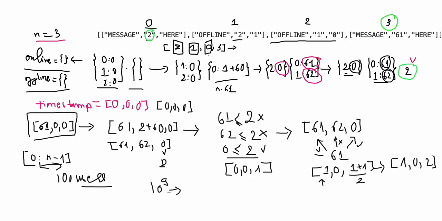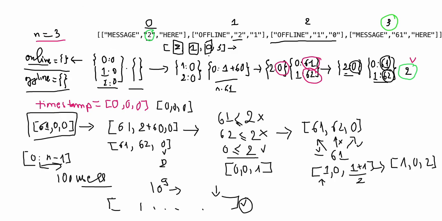So it means that it cannot be represented by an array sequence like this, and we cannot allocate an array with the length of 10 to the power 9. So in that case, the online set approach will take effect, and it can help us solve this problem.